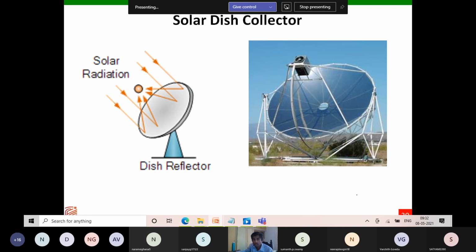This is called a solar dish collector, which looks like a dish antenna.